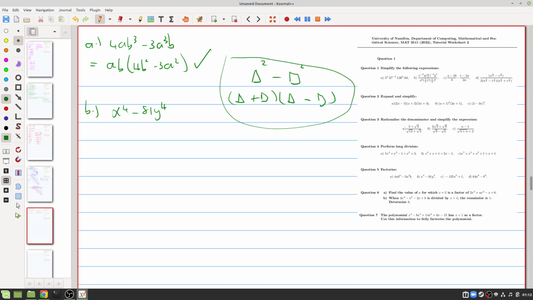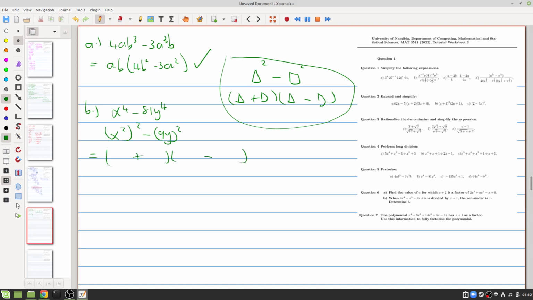So we can see here, just to show you exactly how it works, x to the power 4 is the same as x squared, squared, minus, and this 81y to the power 4 is the same as 9y squared, squared. So we can see this is going to become two brackets. One gets a plus, one gets a minus.